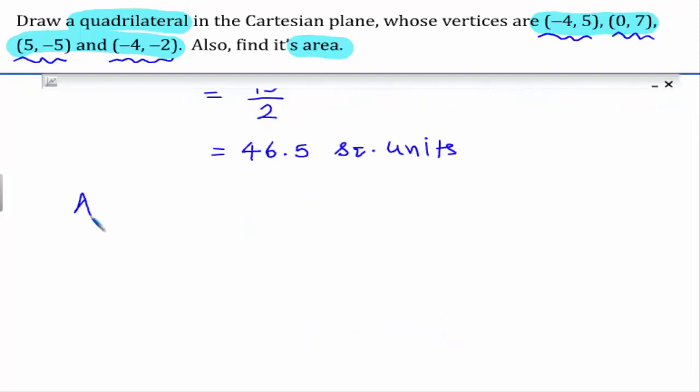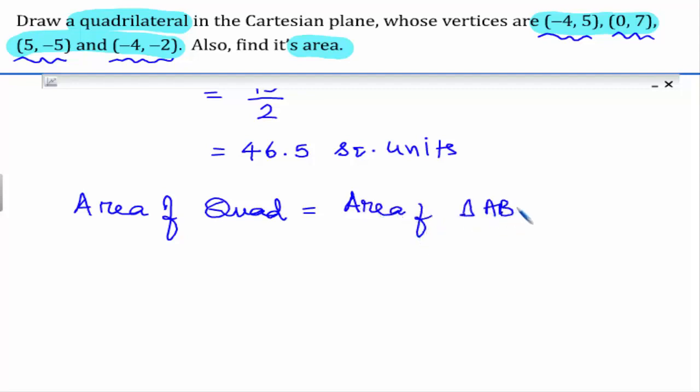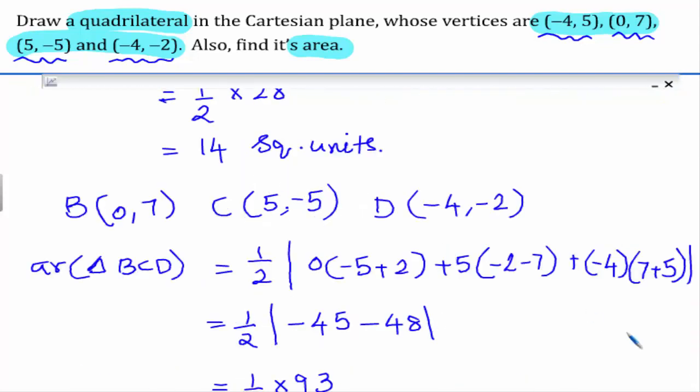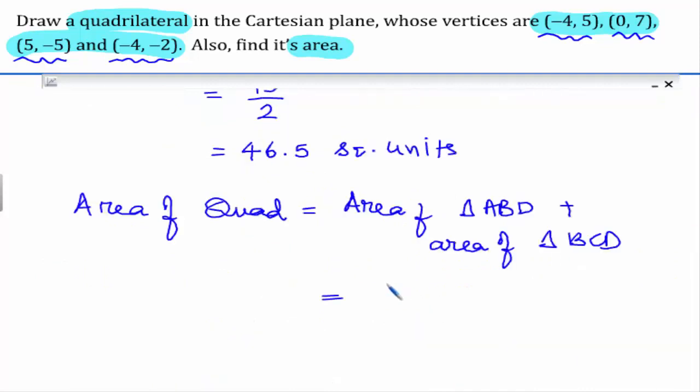Now, area of quadrilateral is equal to area of triangle ABD plus area of triangle BCD. So what did we get? Area of triangle ABD is 14 plus BCD is 46.5.